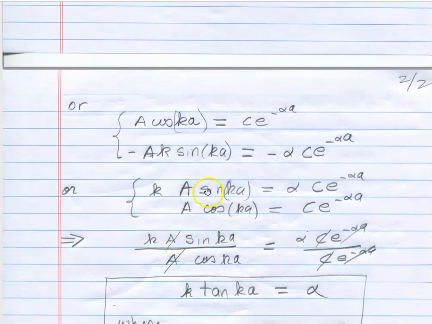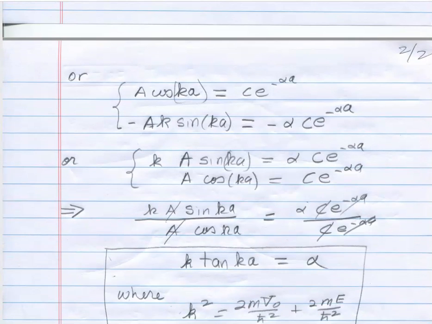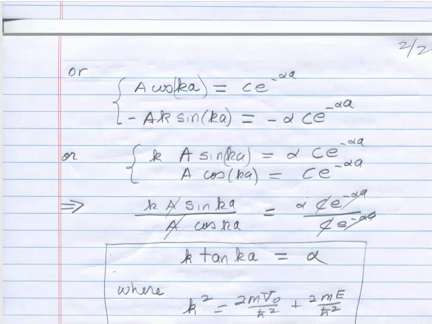So dividing this side by this one, I get k a sine ka over a cosine ka, and the a's will cancel. On the other side, I get alpha c e to the minus alpha a divided by c e to the minus alpha a. Again, the c's go out, and this time the exponentials also go out. So I get this relationship that has to be solved for the energy.